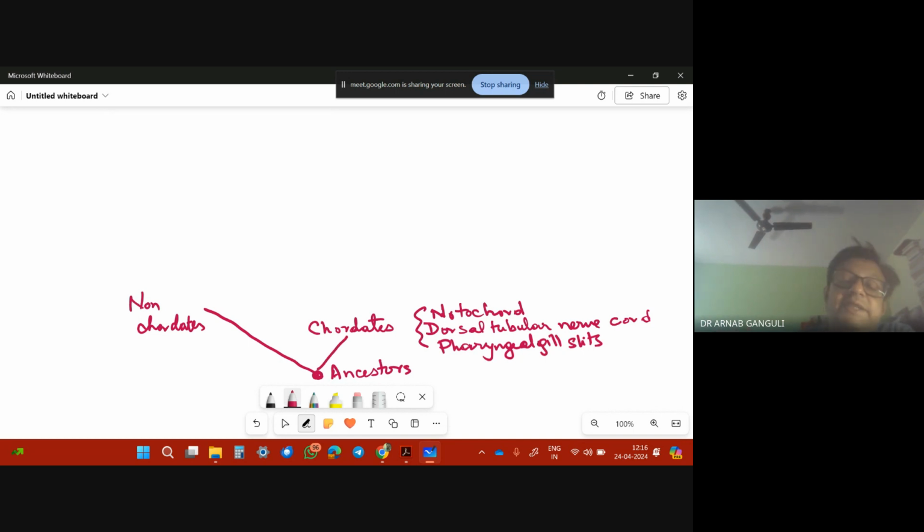Now, the chordates you can divide: on one side you have the protochordates, essentially the cephalochordata, amphioxus, urochordata, the ascidian larva, and the hemichordata, balanoglossus.